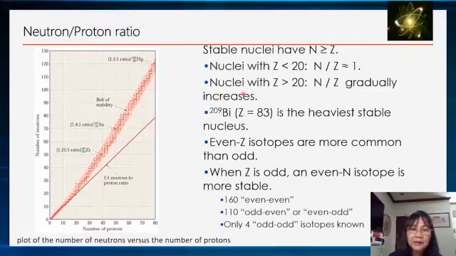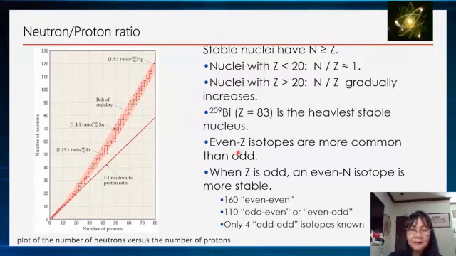So with atomic number greater than 20, neutron to proton ratio gradually increases. There. So bismuth, atomic number 83, is the heaviest stable nucleus. Heaviest stable nucleus. So it is somewhere here.